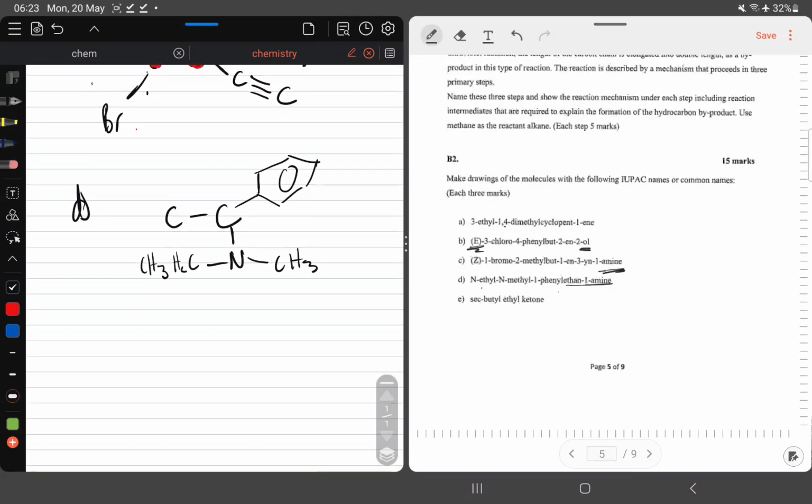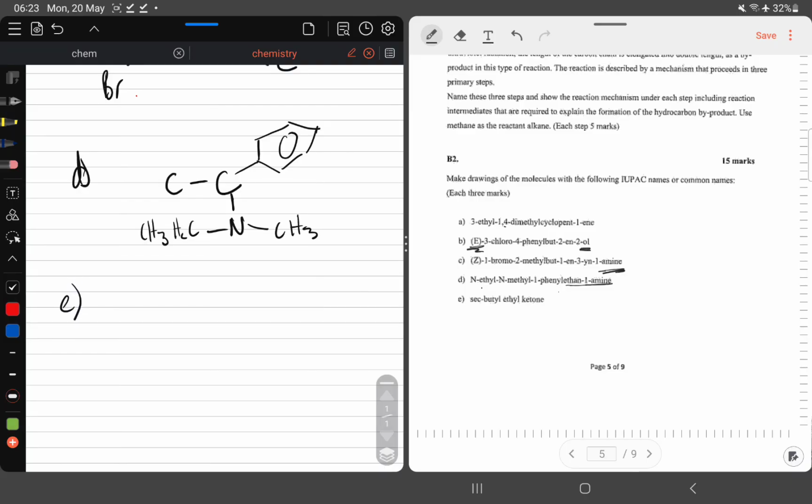Then E. Okay, so here we have the last thing, which is sec-butyl ethyl ketone.